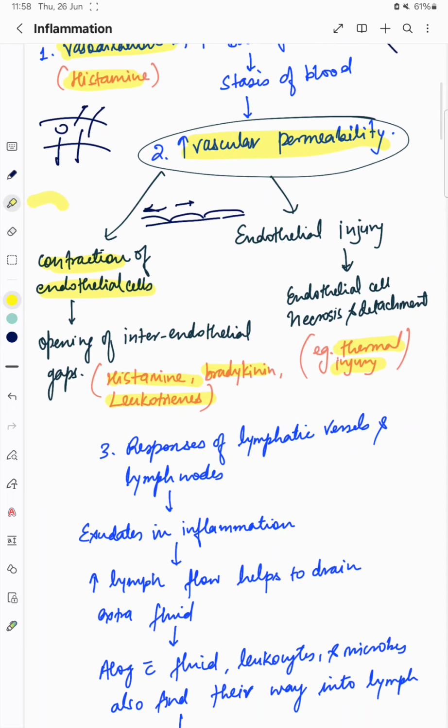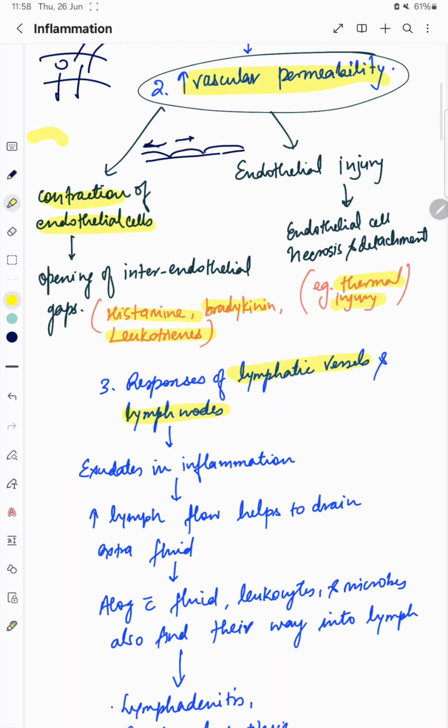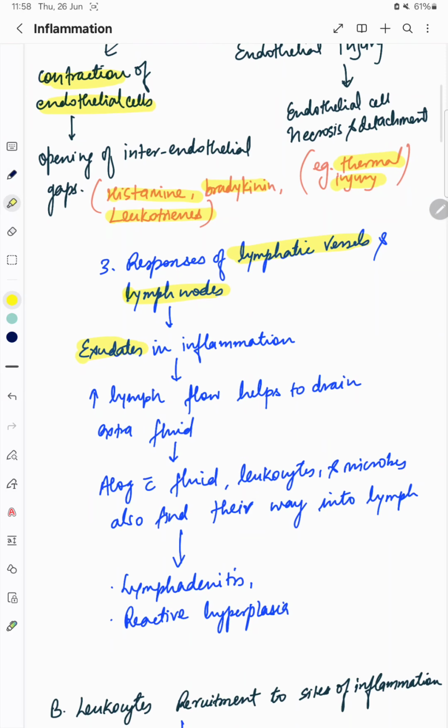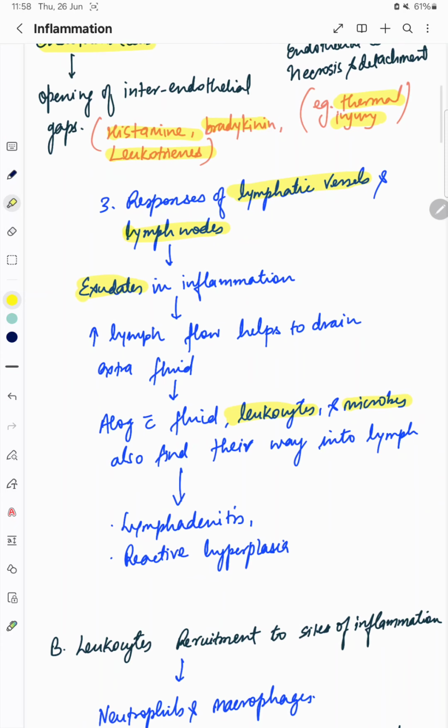The third response in blood vessels is the response of lymphatic vessels and lymph nodes. The fluid that accumulates or is produced during the inflammatory process is known as exudate, and this excessive exudate drains into the lymph nodes with the help of the lymphatics. This fluid carries leukocytes along with microbes, and this accumulates in the lymph node.